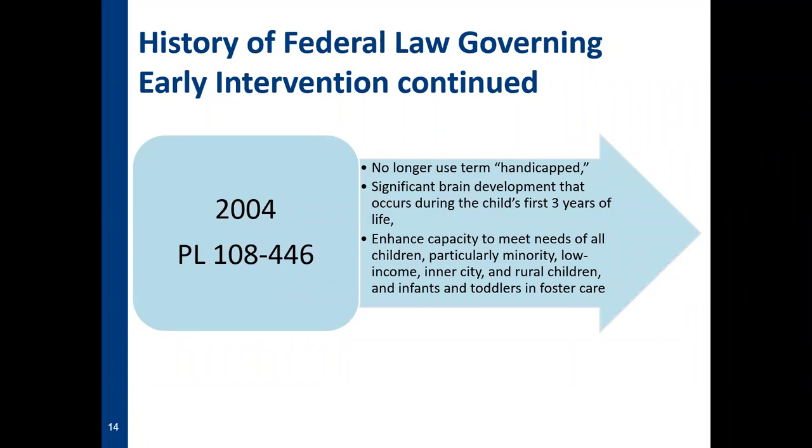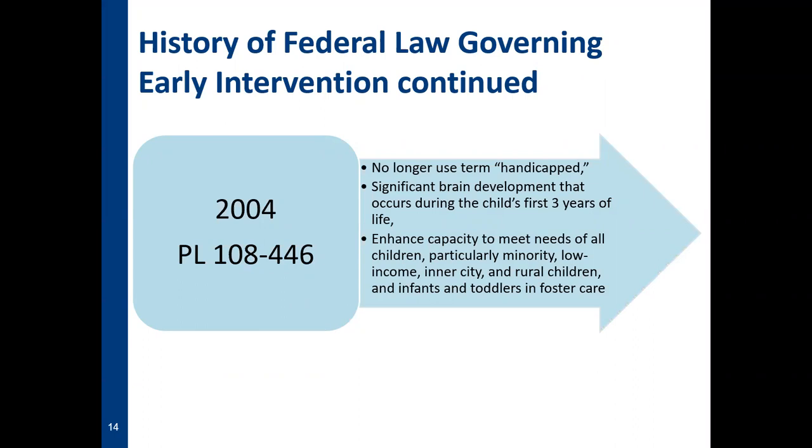We no longer use the term handicapped in IDEA, but it's startling to see how virtually unchanged the findings of Congress are in the most current authorization of IDEA, which was passed in 2004 as Public Law 108-446.